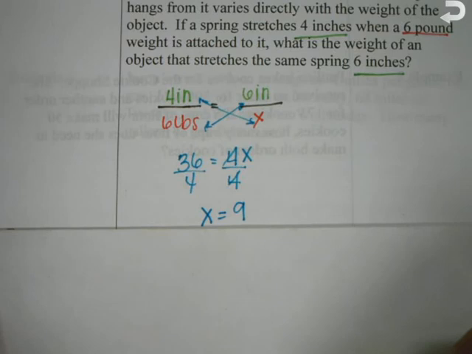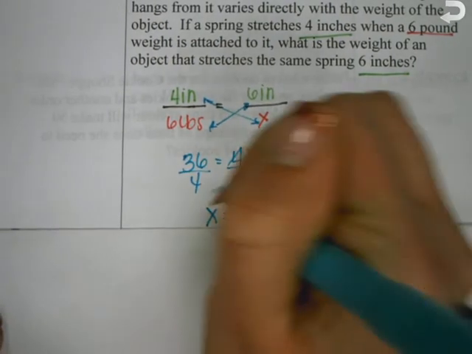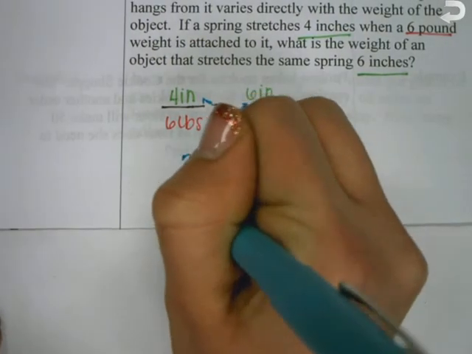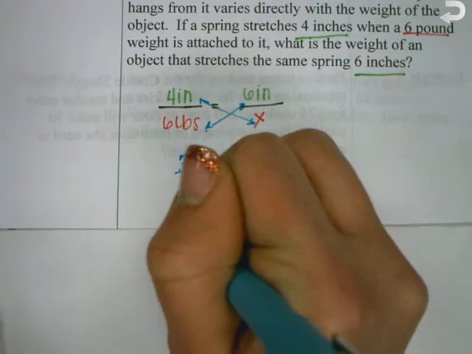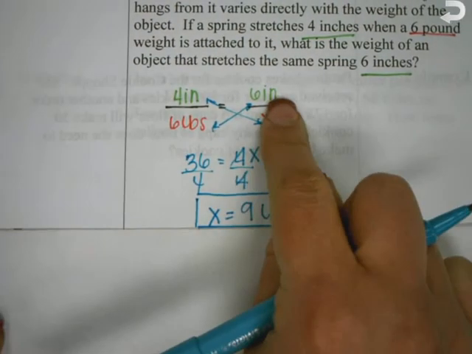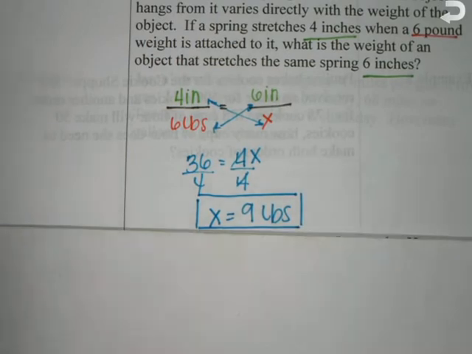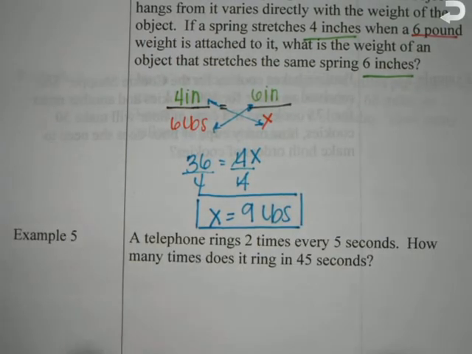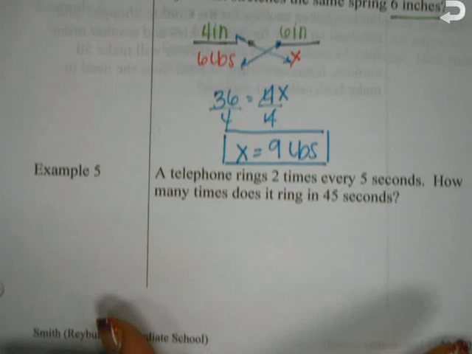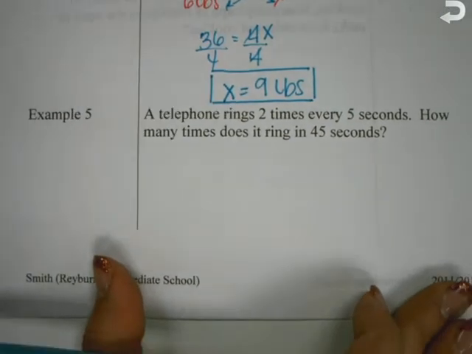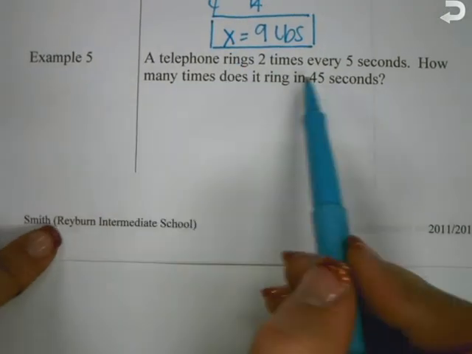Okay? Last one, example 5. A telephone rings 2 times every 5 seconds. How many times does it ring in 45 seconds? Okay, so I know I'm going to set up a proportion. So that means 2 fractions with an equal sign in between them.